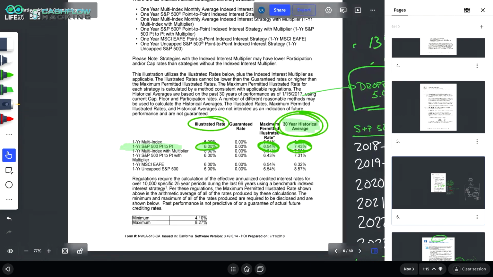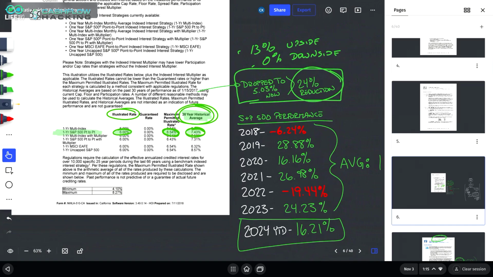Now, one of the things I want to do here to elaborate on this conversation, before going to the next page and showing you what actually happened in this policy over that 6.5 year period from when they bought it in 2018 to right now in 2024, when I'm filming this video near the end of 2024: you can see that the stock market in 2018 had a negative year, 6.24%, but then 2019, 2020, 2021 had really positive years, and a negative year in 2022.